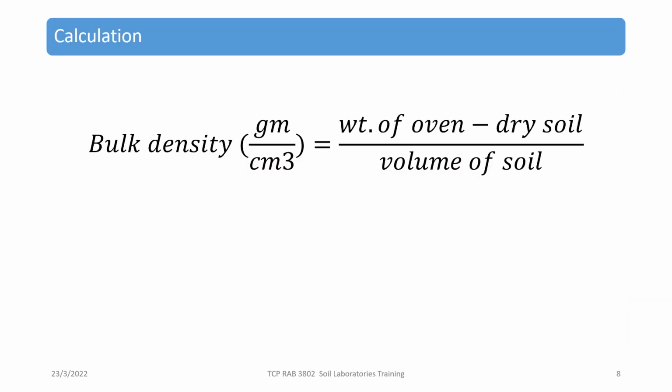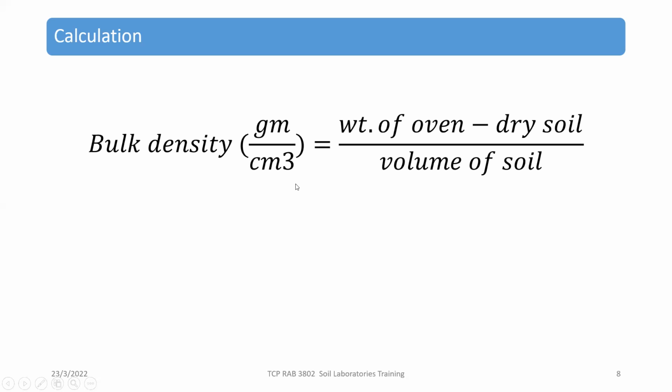So the bulk density, in gram per cubic centimeter, is the weight of oven dry soil over the volume of the soil.